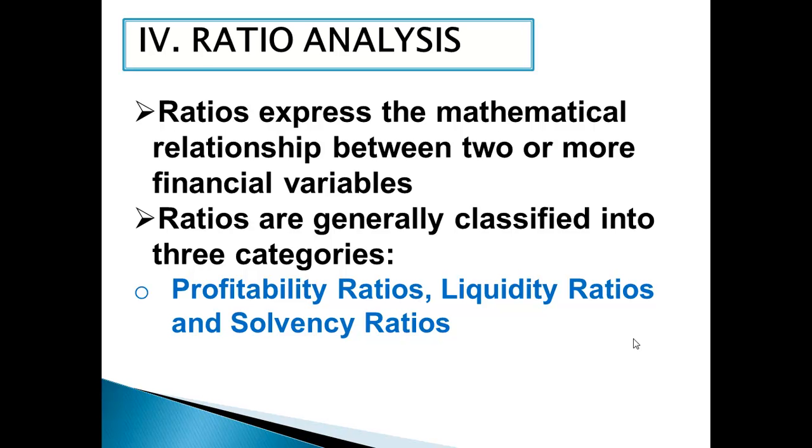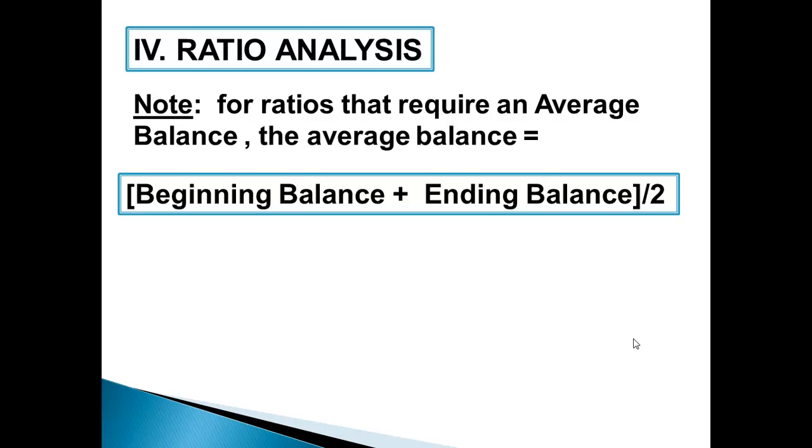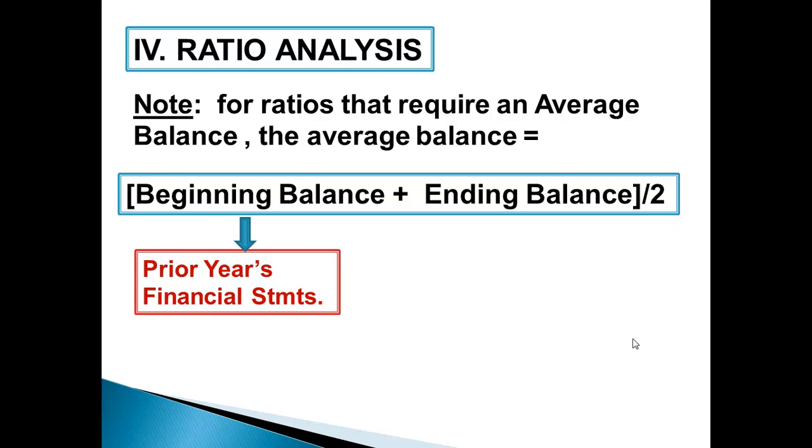Now just a couple of general things before we get into those presentations. First of all, some of your ratios are going to require an average balance for the year. So that would be beginning balance plus ending balance divided by 2. Now when you look at Aggie Inc. and realize that we know the balance at the end of 2009, that's going to be the beginning balance for 2010.